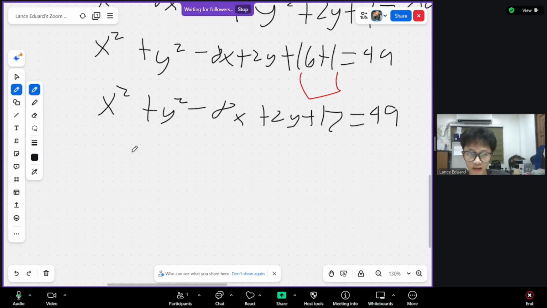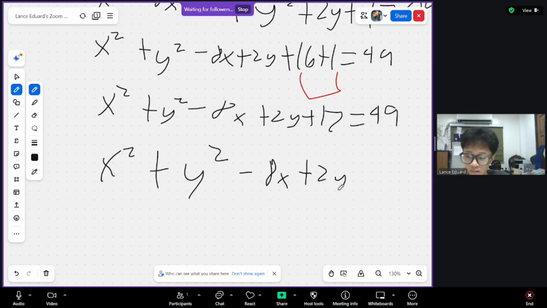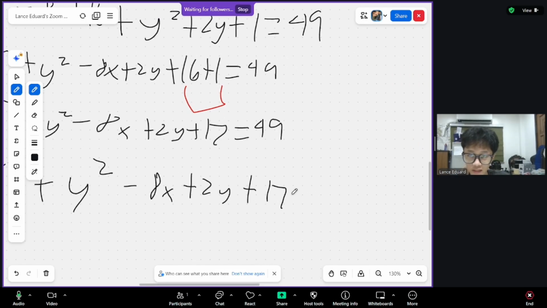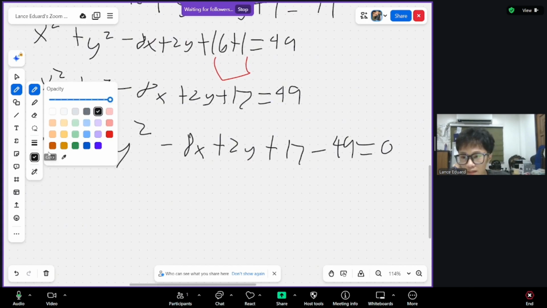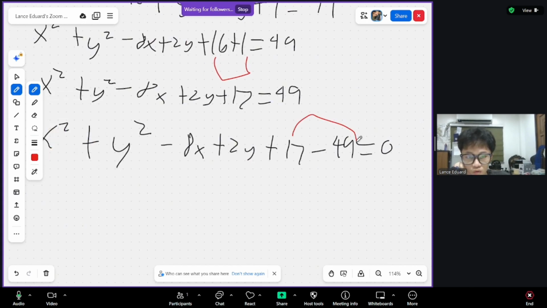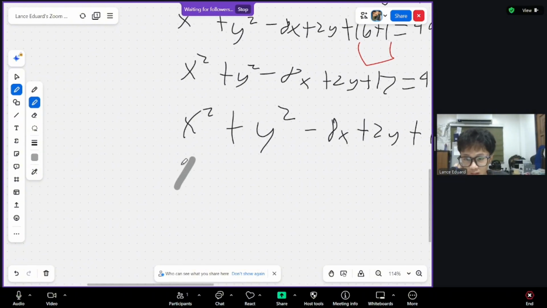So the equation will be x squared plus y squared minus 8x plus 2y plus 17 minus 49 equals 0. Then the last step is combining these two constants, which will be negative 32.